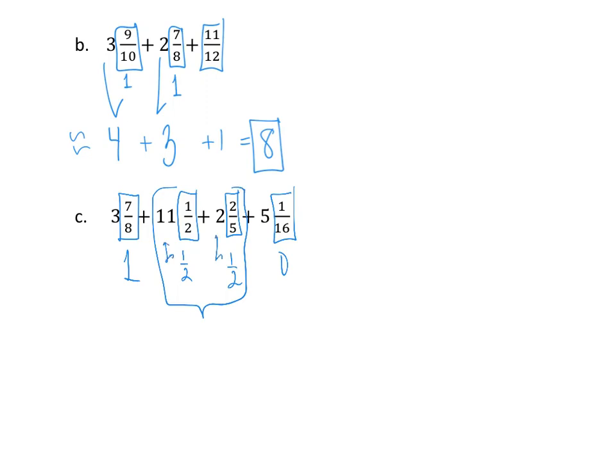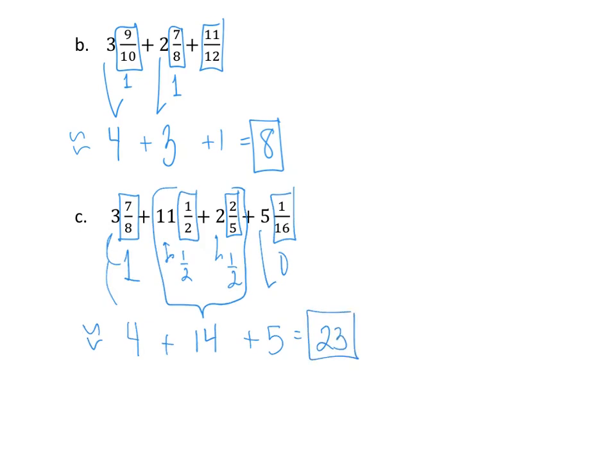Well, that's going to be 13 plus the 1, so that's going to be about 14. And then I'm going to add the 1 and 3 together here, that's adding 4. And then the 5 and the 0, that's adding 5. So all together, this is going to be about 23 for my estimate.